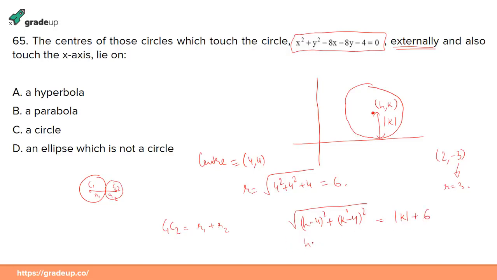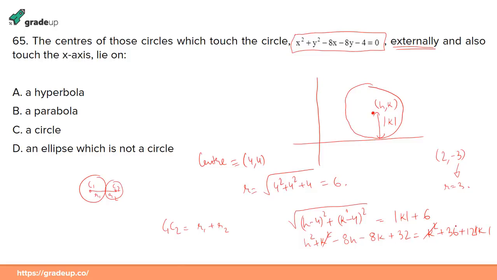And if you square both sides, you get h square plus k square minus 8h minus 8k plus 32 equals k square plus 36 plus 12 modulus k. This is simple calculation. So k square and k square cancel out, since we have modulus k over here.